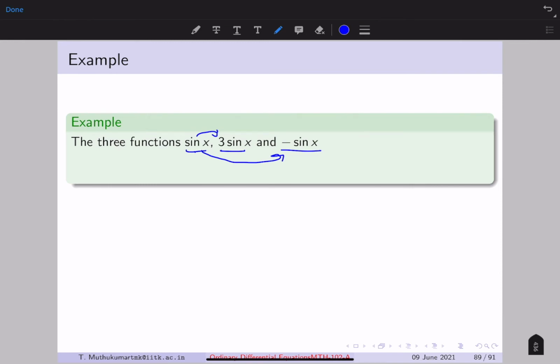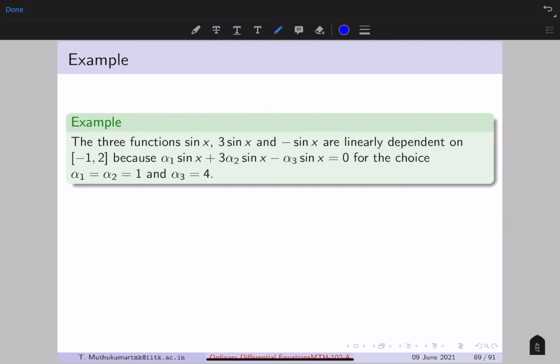So we expect this set to be linearly dependent, and that is what you will see: if you take a linear combination to be 0, then for specific non-zero choices of alpha you can have this equation satisfied. So this set is also linearly dependent.